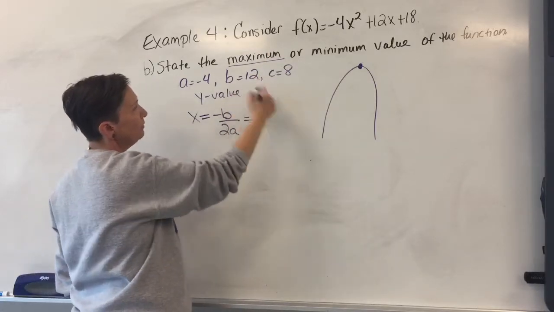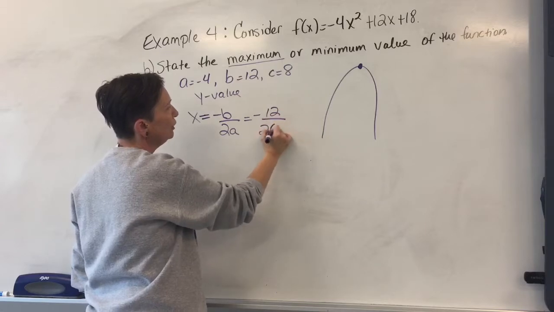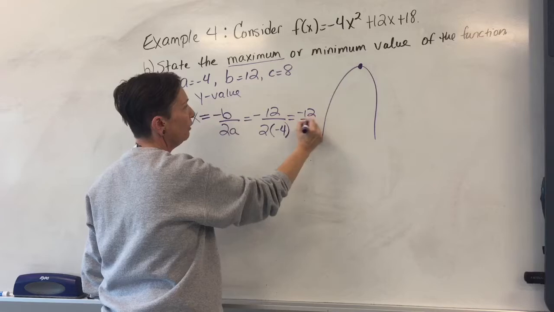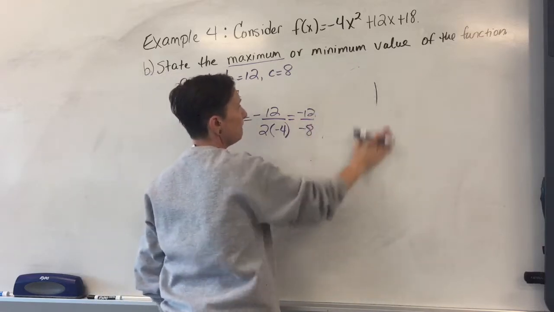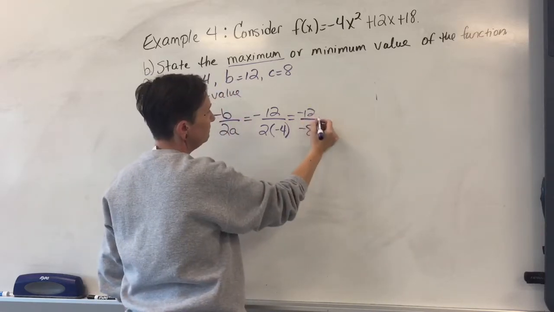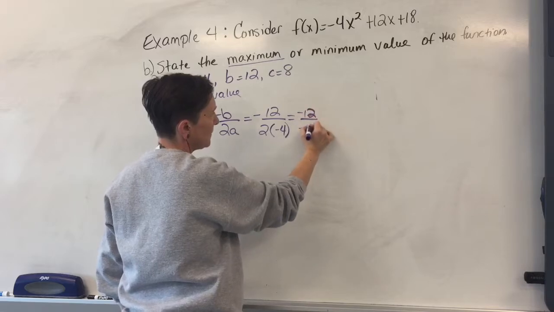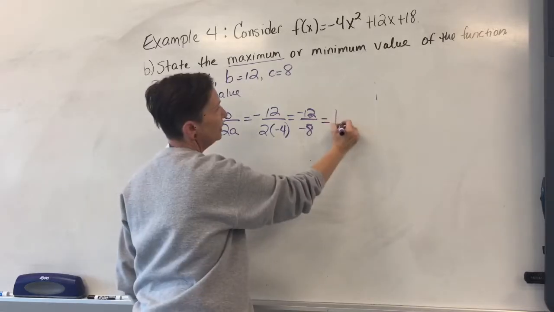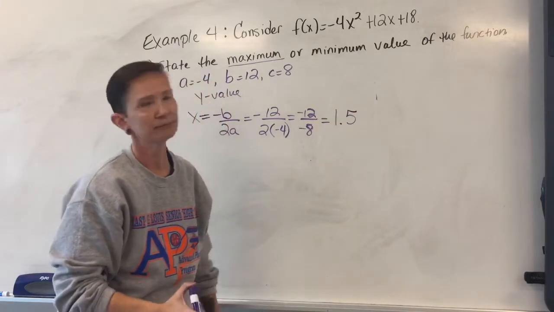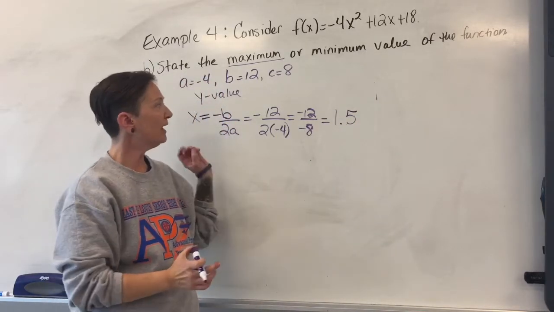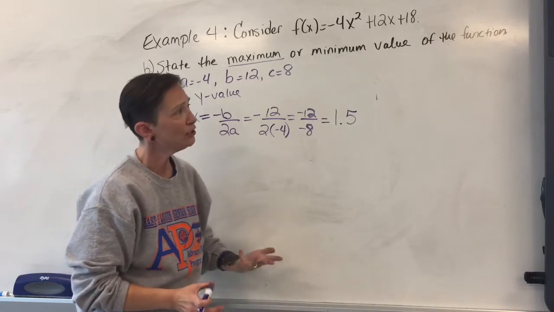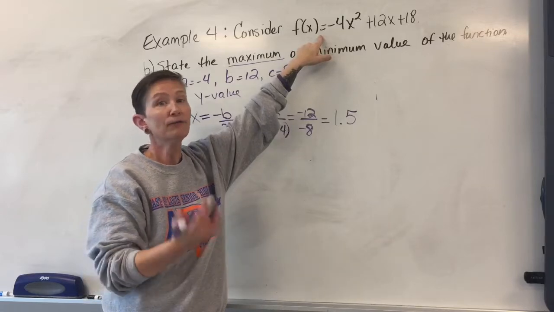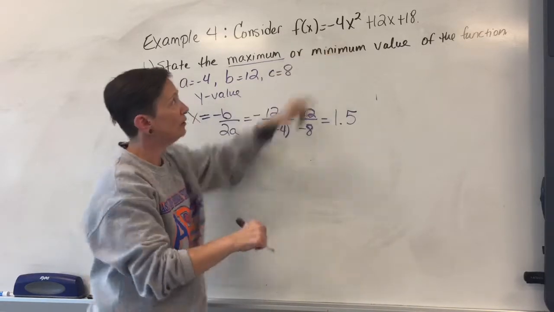So I get negative b, which is negative 12, over 2 times a negative 4. So that gives me negative 12 over negative 8, which gives me a value of 1.5. Okay. So now that I have my x value, what I can do is substitute my x value into my function to find my y value. So let's do that.